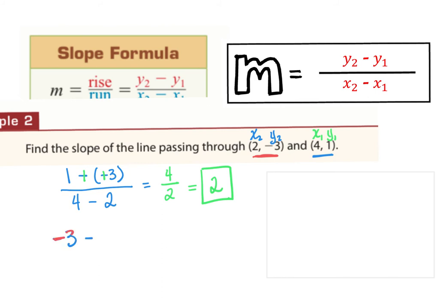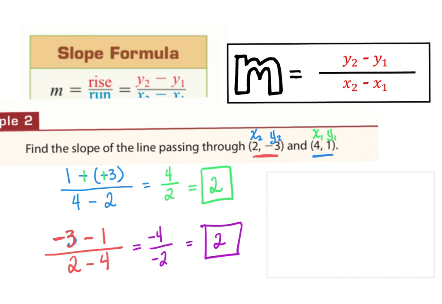I'm going to do it in a different color here, which is 1. x2, that's 2, minus x1, that is 4. All right? Now, when I do this particular one, -3 minus 1 is -4. 2 minus 4 is -2. What is -4 divided by -2? It's also +2.